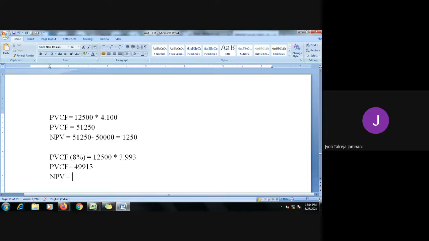NPV is equal to 49,913 minus 50,000, which is equal to minus 87. So we got a positive NPV and a negative NPV. So these are the two rates, 7 and 8%.